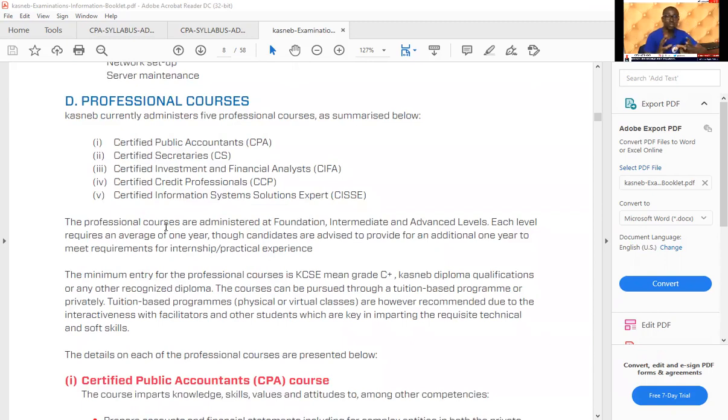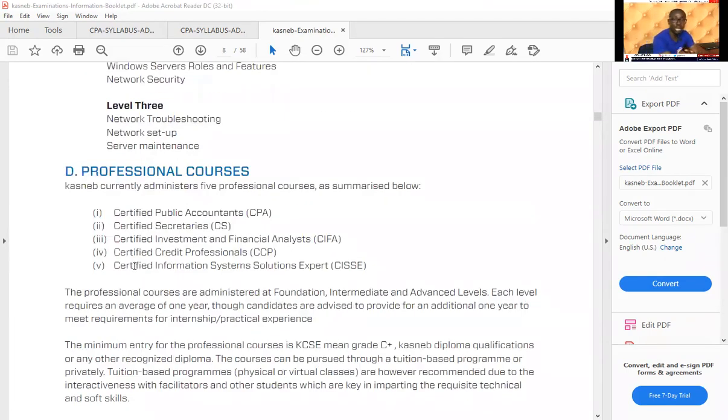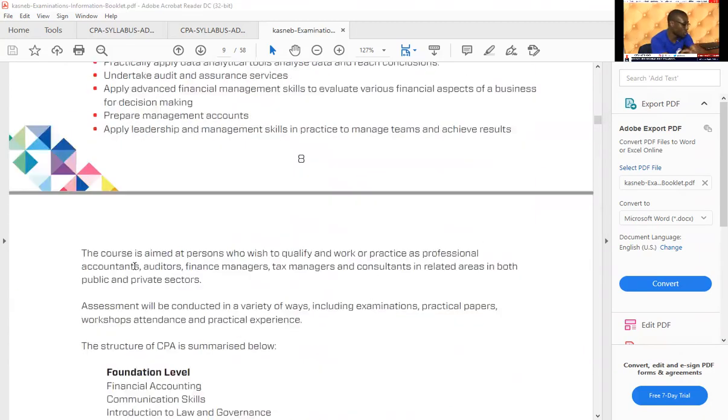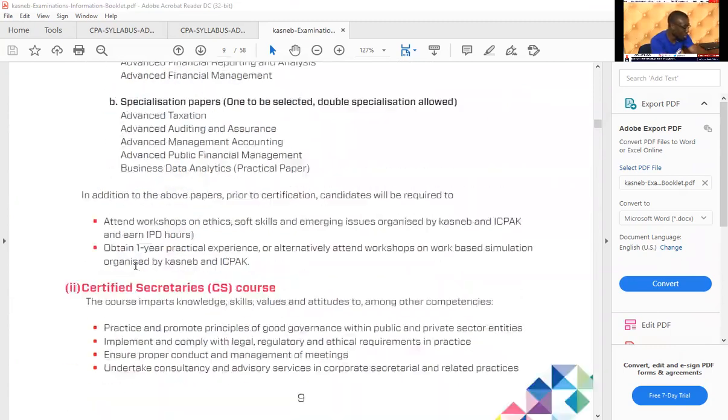It's only that a lot of amendments have been done when it comes to reshuffling of some units and introducing some units, which ideally are for our own benefit. So as I have said, specifically today, let us talk about how this transition of CPA will affect us, both continuing students and the new students who will be registering very soon.